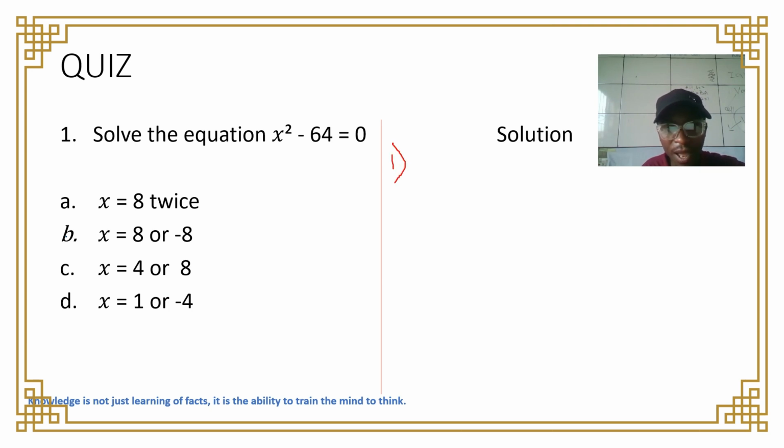Question 1, we have x squared minus 64 equal to 0. This is an example of difference of two squares. This can be written as x squared minus 8 squared, because 8 squared is also equal to 64.